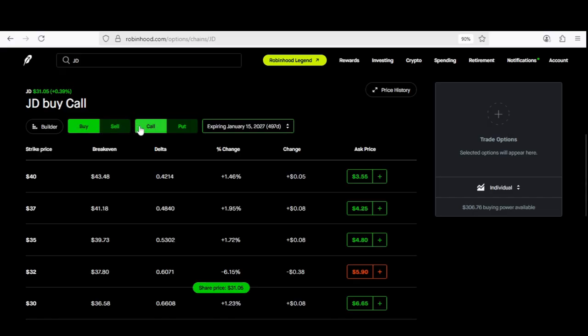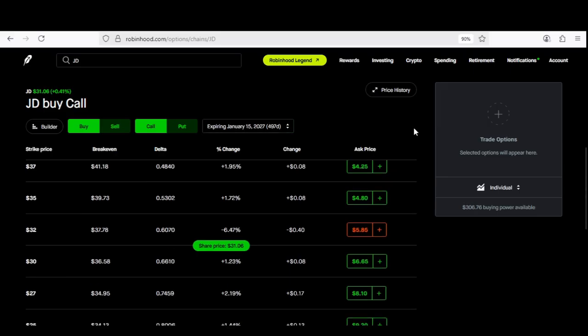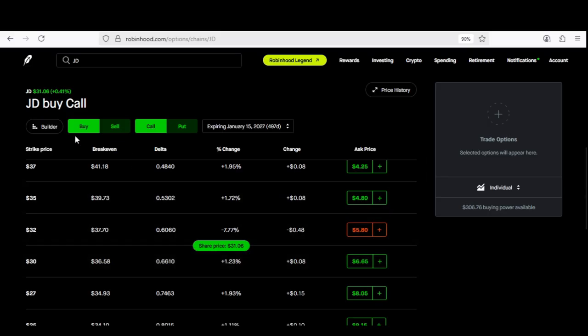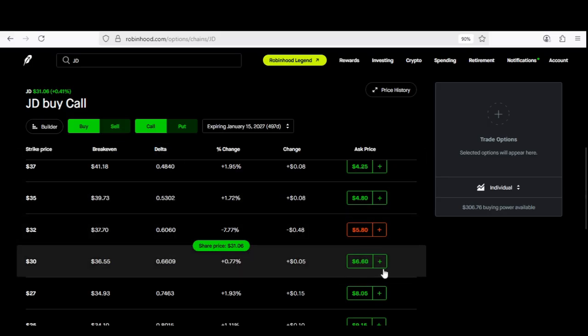So now with my buy and my call and my long dated expiration date, I'm going to go ahead and choose my strike price. The strike price I'll be using once again is going to be ATM or at the money. So I'll still be going with the $30 strike price. Now, because this is a buy option strategy, I'm going to have to pay. Now, I did promise you, I'm going to show you option strategies that's going to make you consistent income.